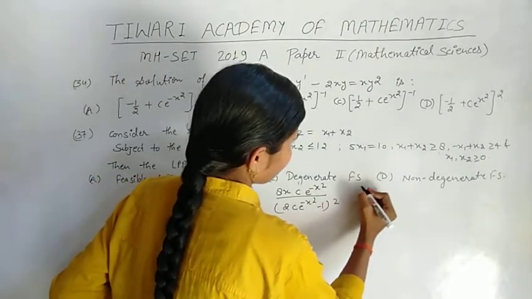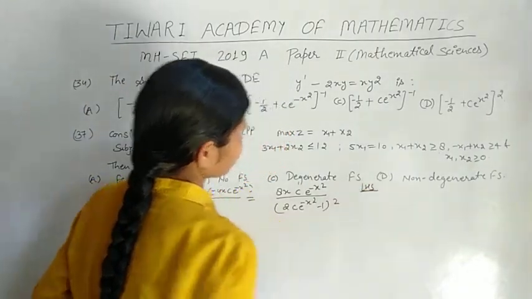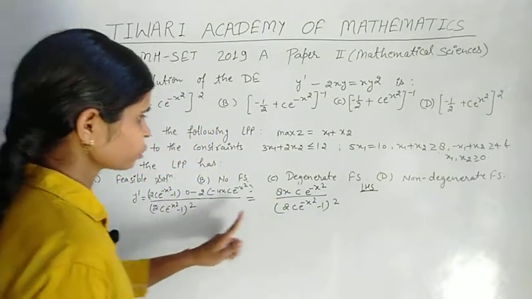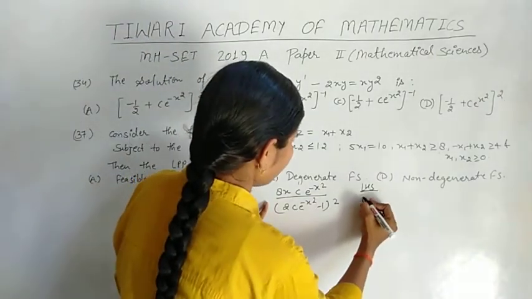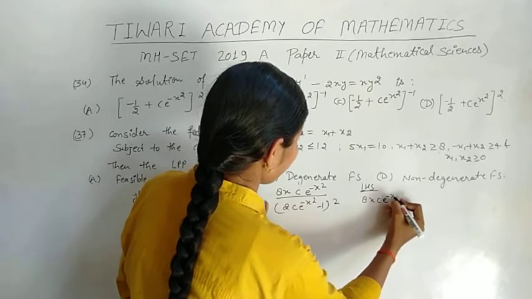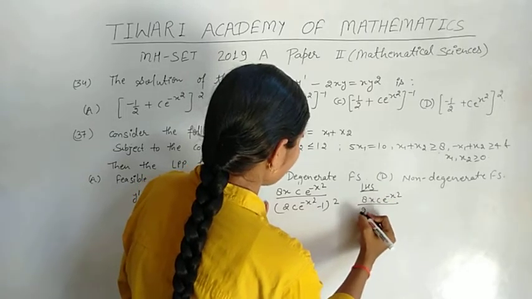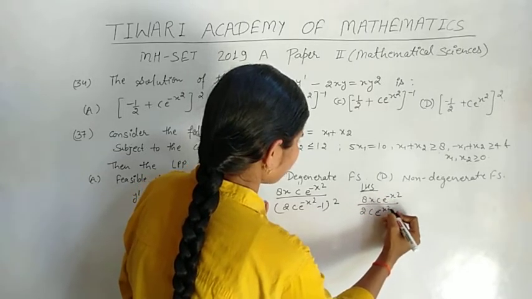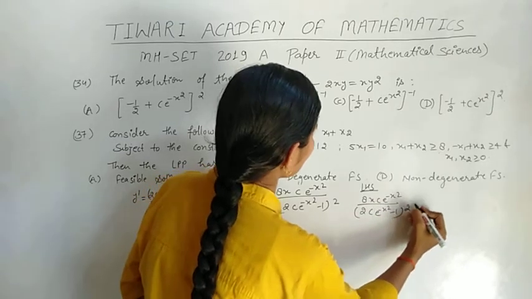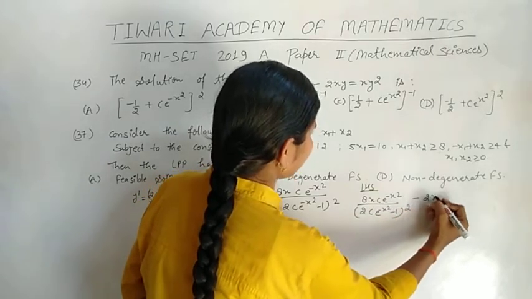We solve LHS, left hand side. Y dash means 8xc e raised to power minus x square divided by 2c e raised to power minus x square minus 1 whole square minus 2x.